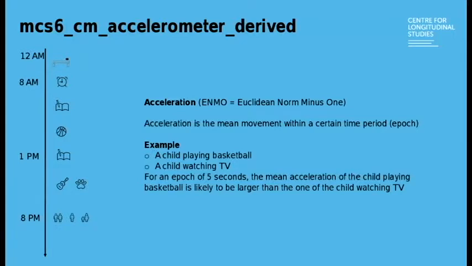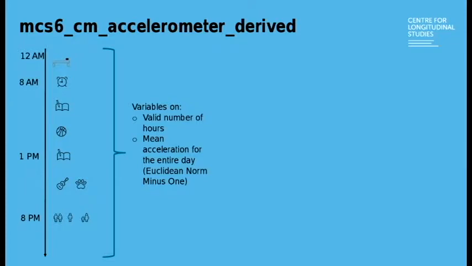And this is the concept of acceleration, and overall, this is the idea behind these data sets. So the first set of variables is the general information about acceleration throughout the day. So it's the valid number of hours and the mean acceleration for the day.